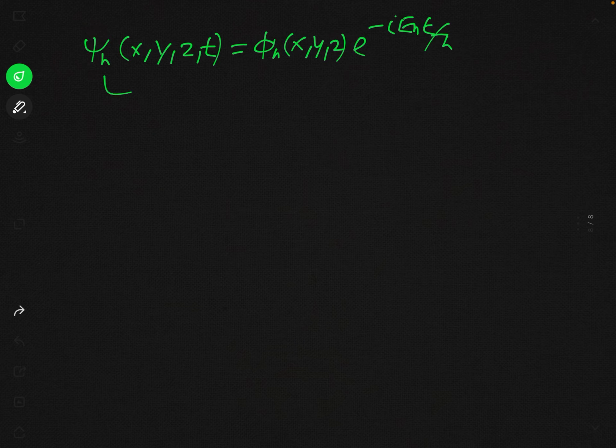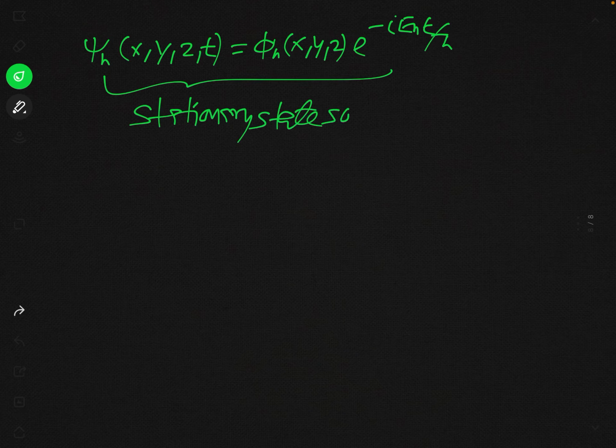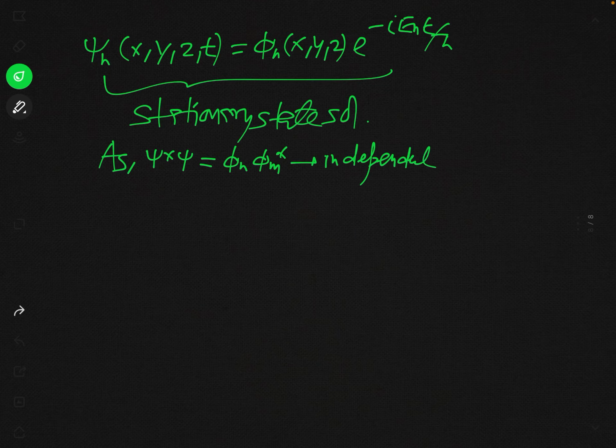So this solution is known as a stationary state solution, as in this condition you will see that psi star times psi is simply equal to phi_n times phi_n star, and this is independent of time.